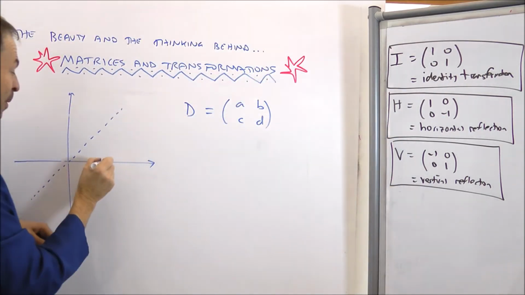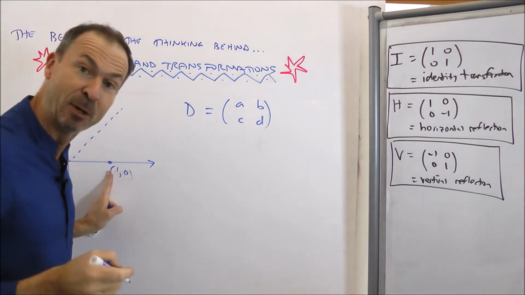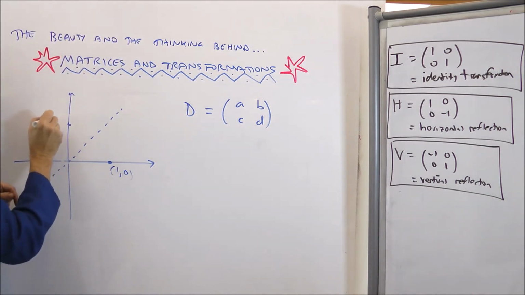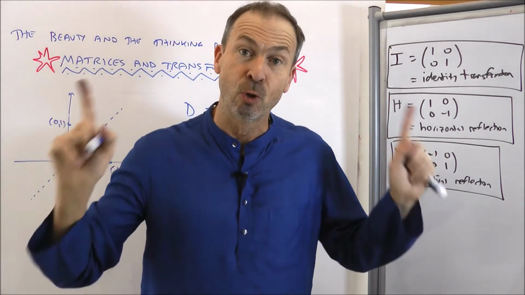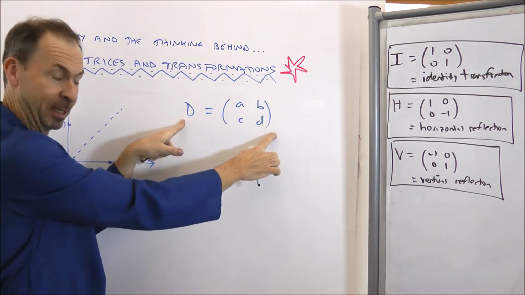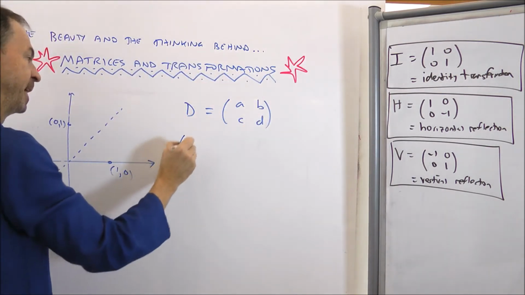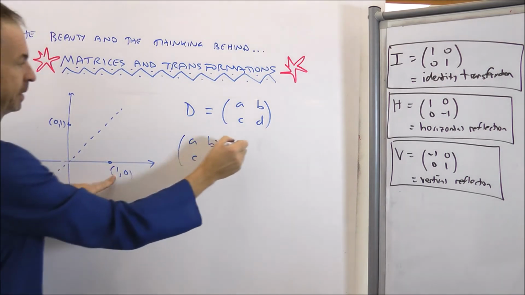For example, one very fundamental point is just 1 unit along the x-axis, 1, 0. Another fundamental point would be 1 unit along the y-axis, 0, 1. Look at what a matrix does to those two points. I'll keep it abstract for now. What does A, B, C, D do to the point 1, 0?